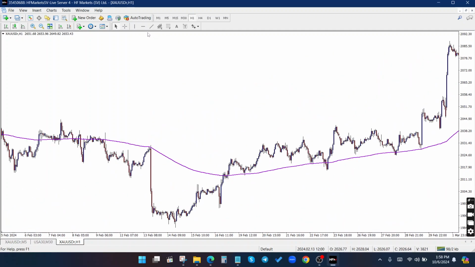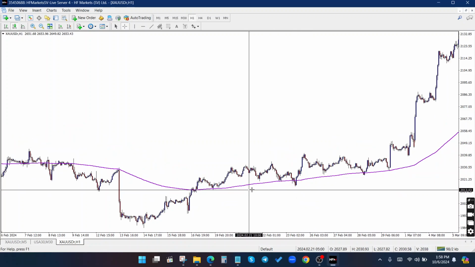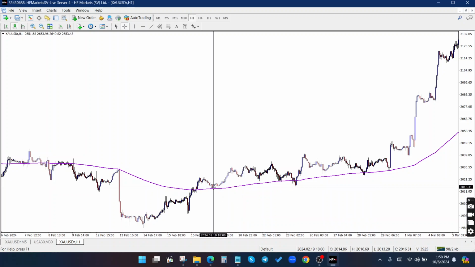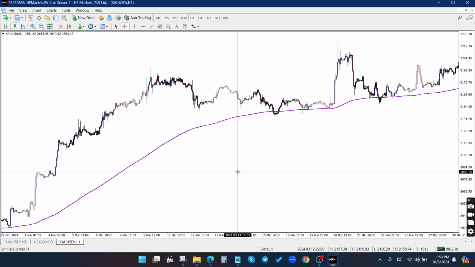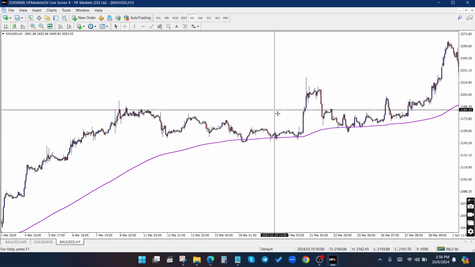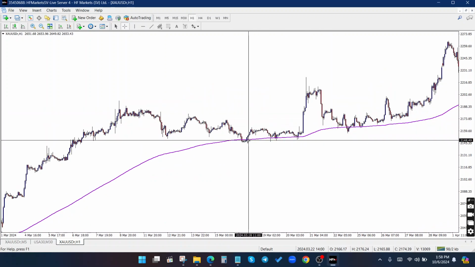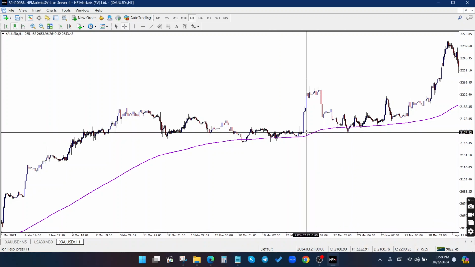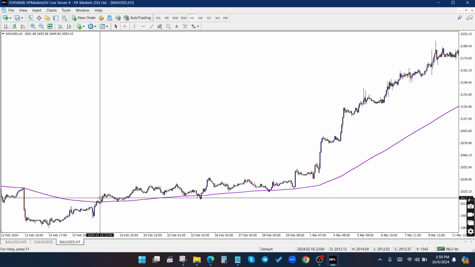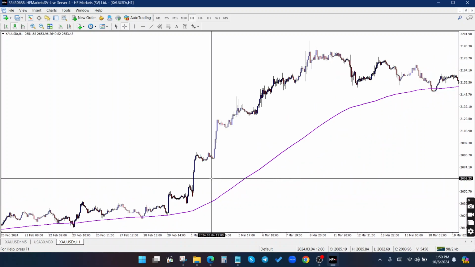Wow, this is great. Had we entered around here, this was on the 19th of February, this buy move continued. You can see that price has been bouncing off the 200 EMA, which was serving as a floor or dynamic support from about 19th February.